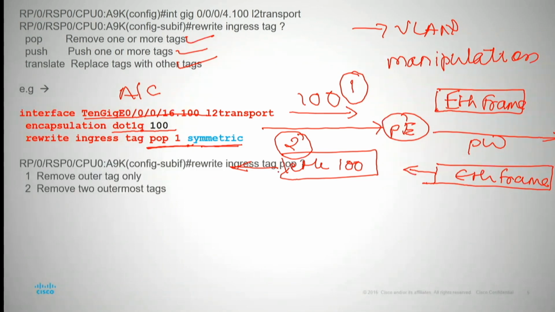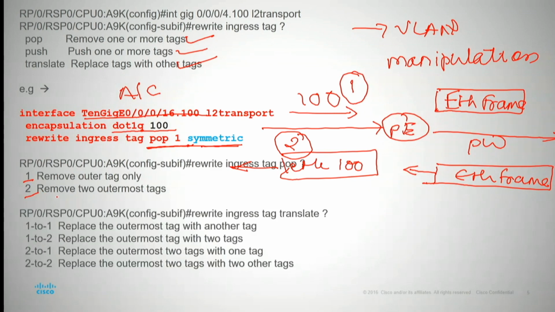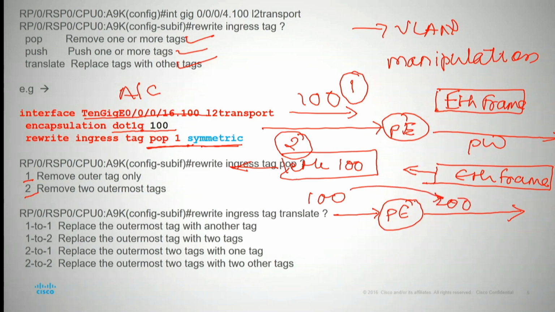Next, under the pop option, we have the option to remove 1 tag, or to remove 2 tags. Then rewrite ingress tag translate. Here we can translate the tag. Suppose I am receiving the frame with 100 on a particular sub interface and I want to send it with VLAN 200. I can define translation here.